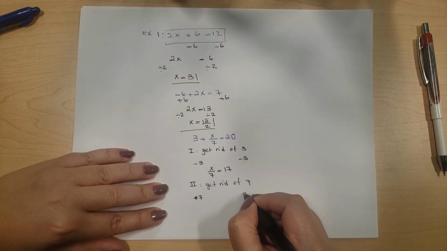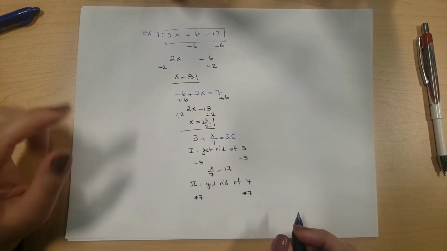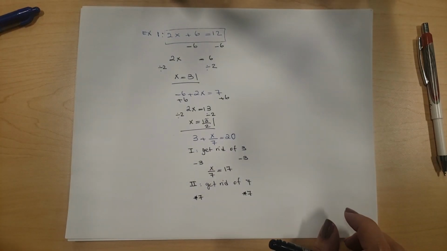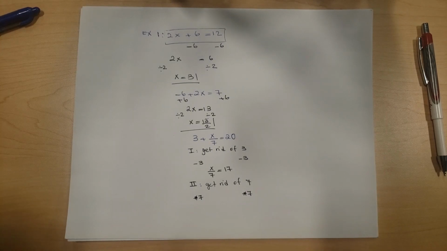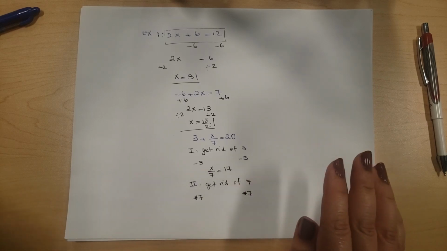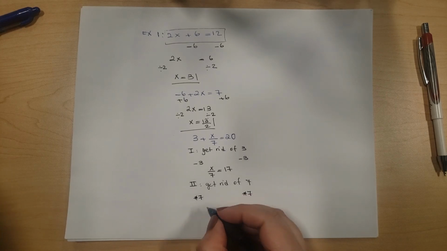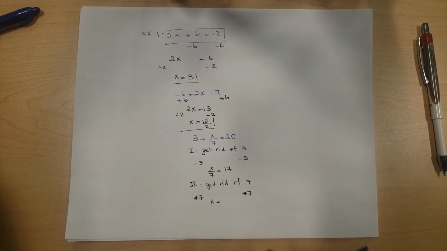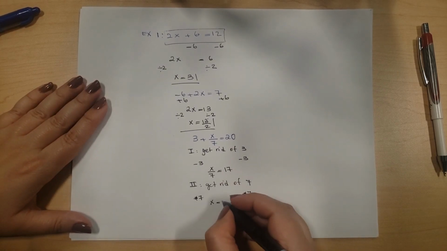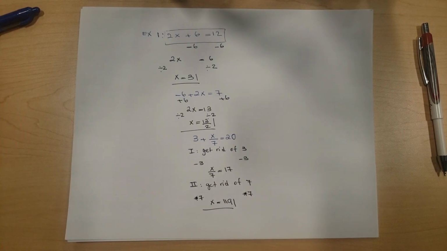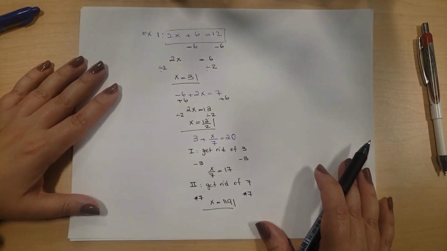And remember, most of the time students forget that when you have an equation, and you want to add or multiply or divide one side, you have to do exactly the same thing to the other side, because it's a balanced equation. So multiply by 7, x would be 7 times 17, which is 119. Okay, so these are some scenarios where we had a combination of these.